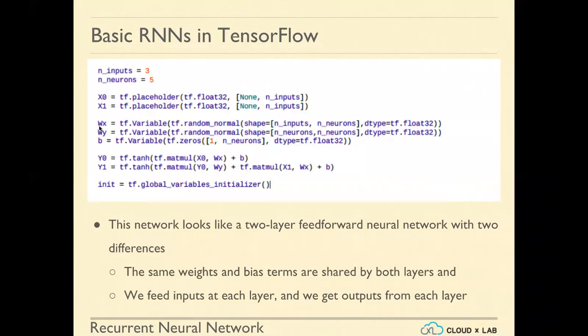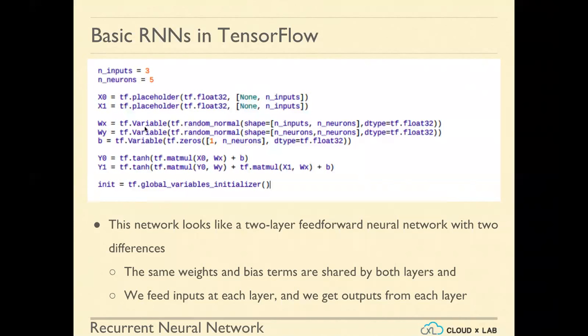Then we are defining the weights. Weights are nothing but random numbers right now, random based on a normal, statistical distribution instead of a linear way. We're defining Wx, which is a variable, meaning it's going to be trained and tweaked.